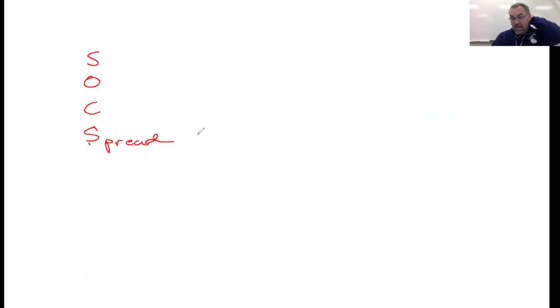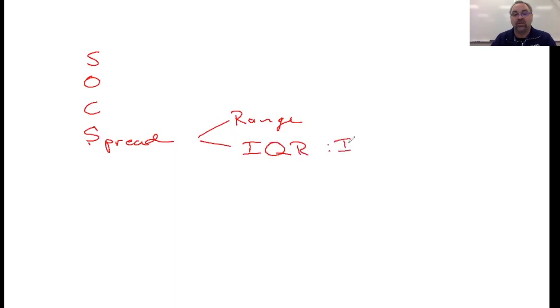Previously, like last week or earlier this week, we were using range, and range is definitely a measure of spread, but it's not all that useful, to be honest. There's a couple other ones that we're going to talk about now. There's something called the IQR, and that means interquartile range.